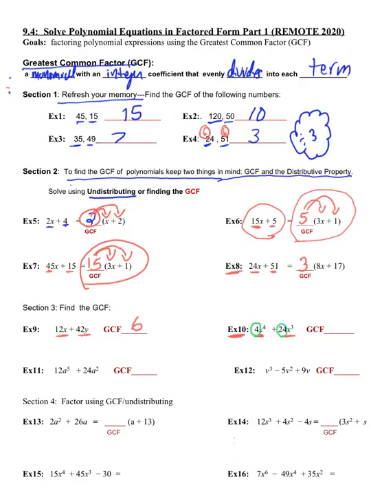And the GCF of 24 and 4 is 4, the highest number that evenly divides into both. Then you want to take a look at x to the 4th and x to the 3rd, all right?